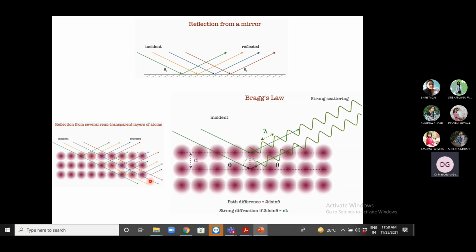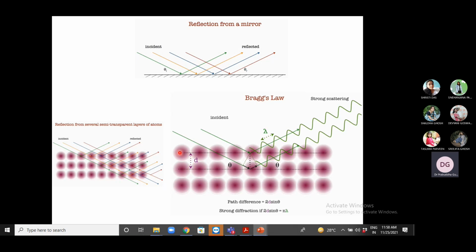Okay. So for simplicity, we are now taking just two rays instead of this many, and suppose ray number 1 is getting diffracted from the top layer of this crystal arrangement, which is also called the crystal lattice, and these two layers are separated by a distance d.